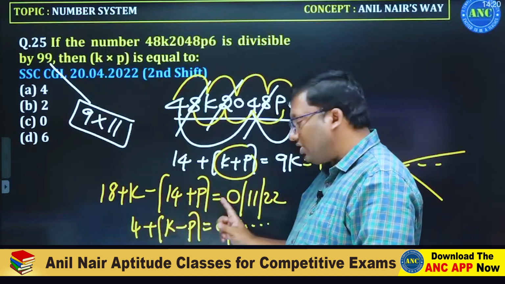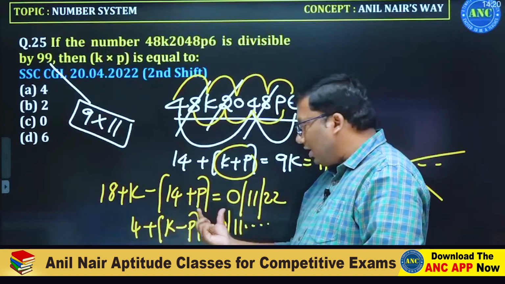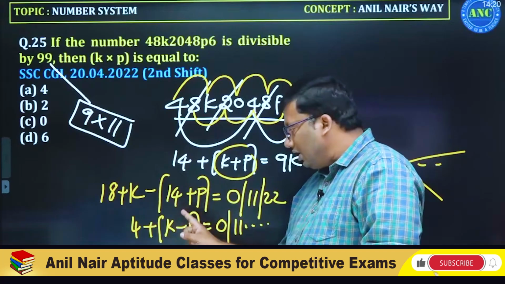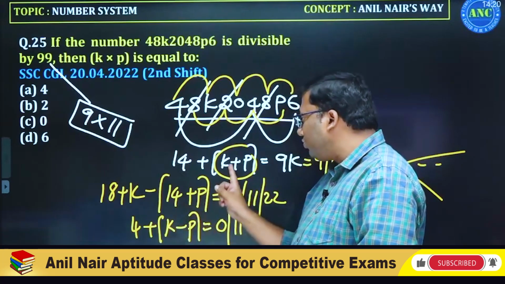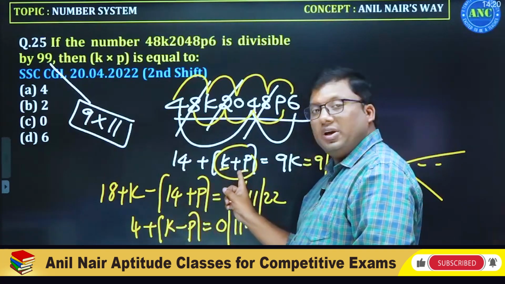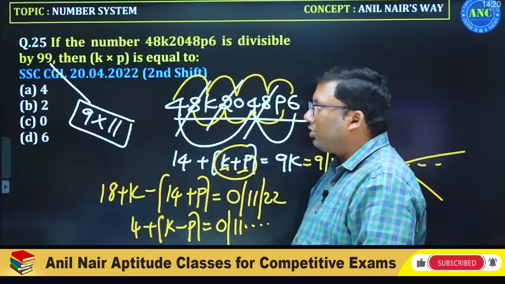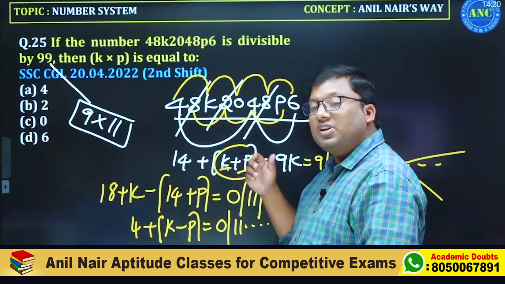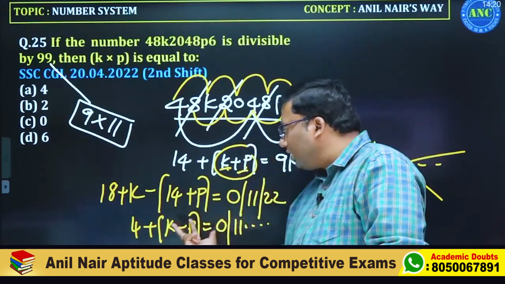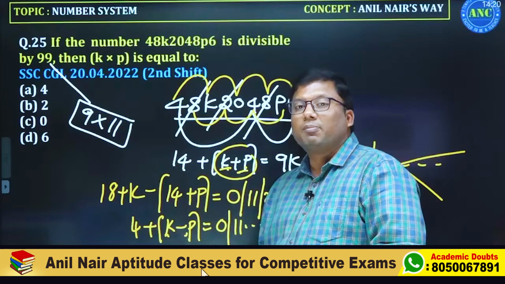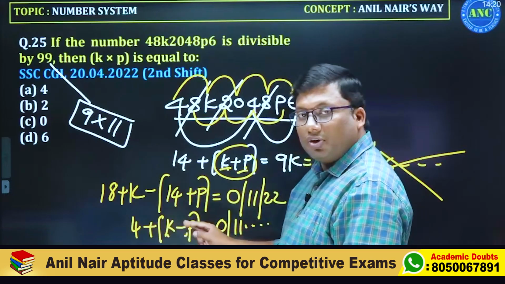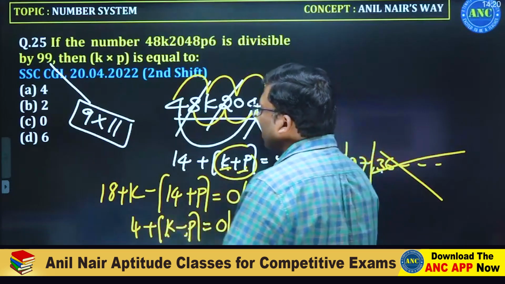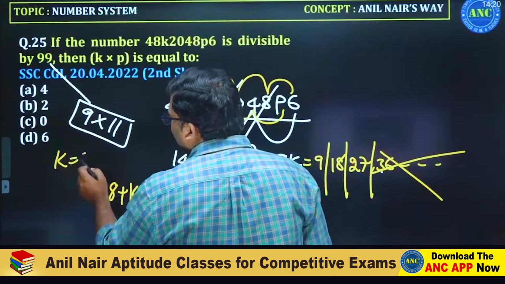So if K is 0, P is 4. Check: 14 plus 0 plus 4 is 18, it is divisible by 9. And 0 minus 4 is minus 4, 4 minus 4 is 0. That means K is 0 and P is 4.